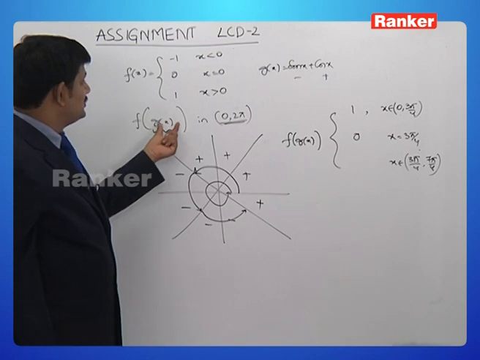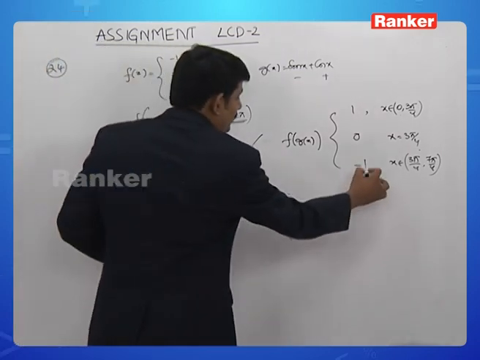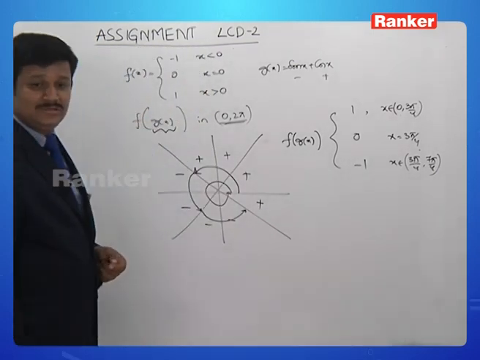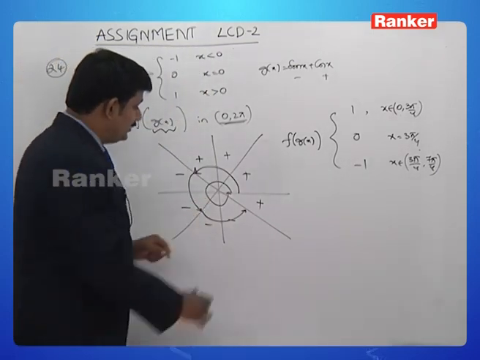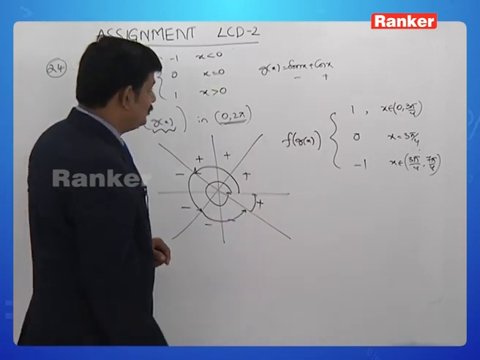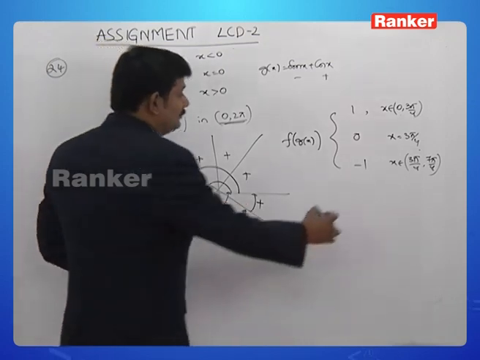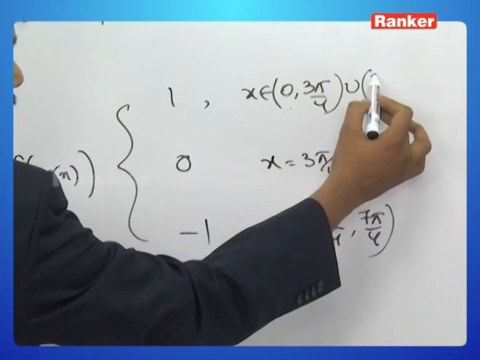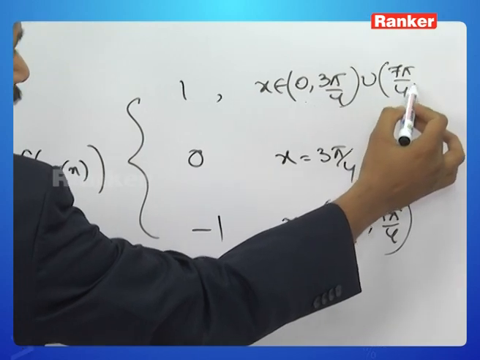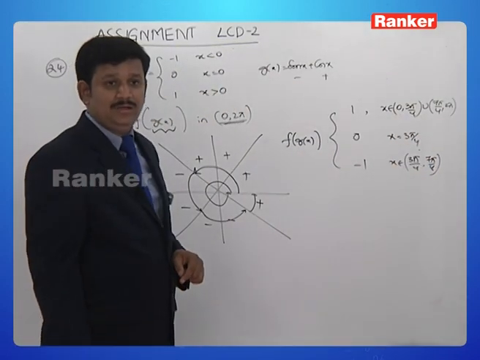So, g of x is less than 0, or f of g of x is minus 1. Again, from 7 pi by 4 to 2 pi, sin x plus cos x is positive. So, f of g of x will be 1.